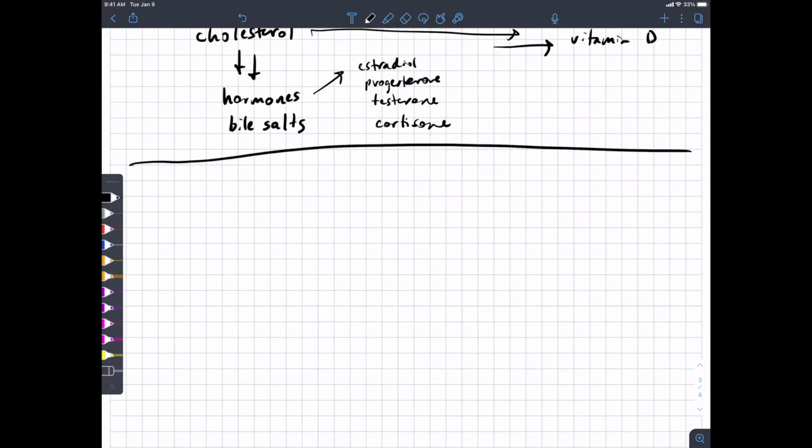And now we'll go on to nucleic acids. And this is kind of fun because DNA and RNA, DNA is the information storage system in cells. RNA is the messenger, and it's also involved in protein synthesis with tRNAs.